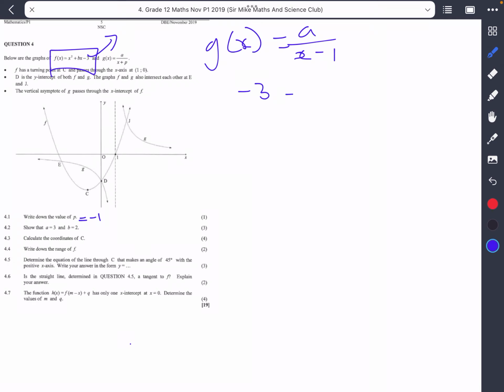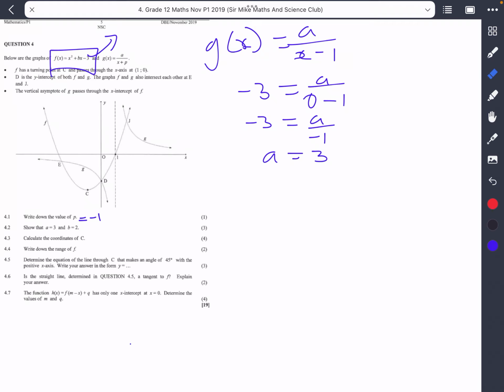So negative 3 would be equal to a all over 0 minus 1, which is a divided by negative 1. So you cross multiply, and eventually a is positive 3. Remember, negative multiplied by negative gives us a positive. So we have proven that a is indeed 3.